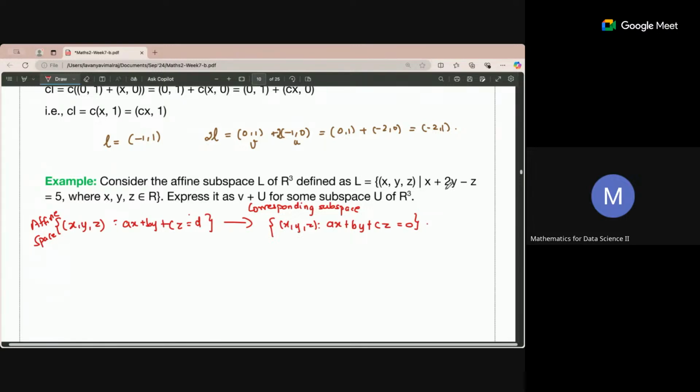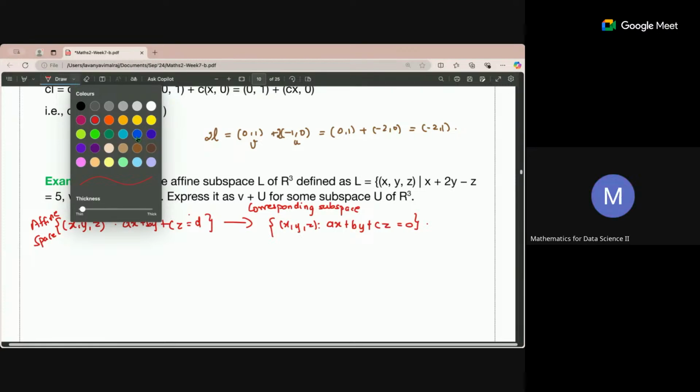Now you have x plus 2y minus z is equal to 5. Now what is the v you can choose? You have to choose a v. So can you choose a v here? See, v should be an element of R3.